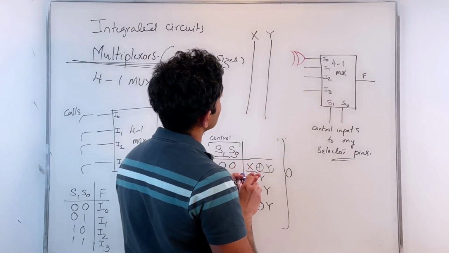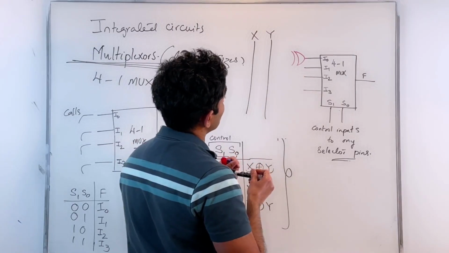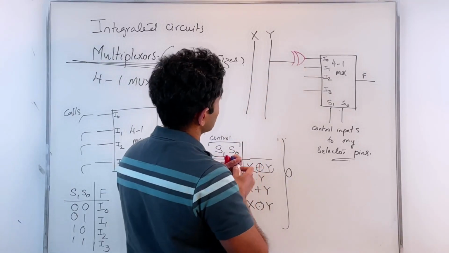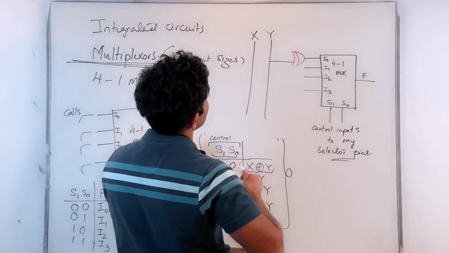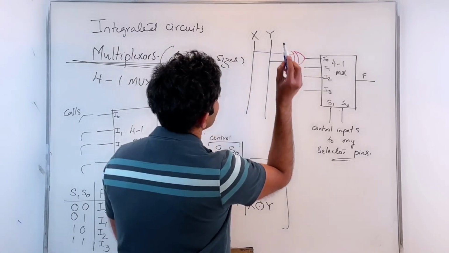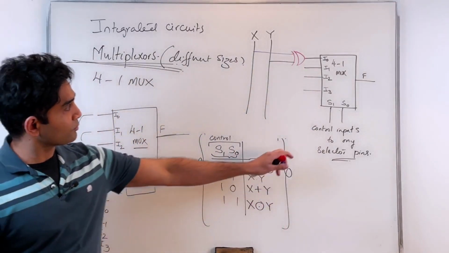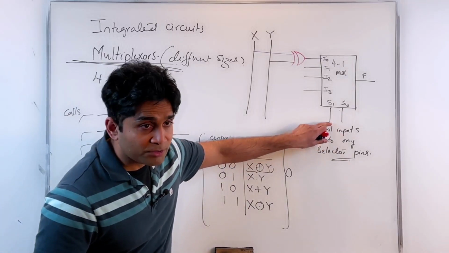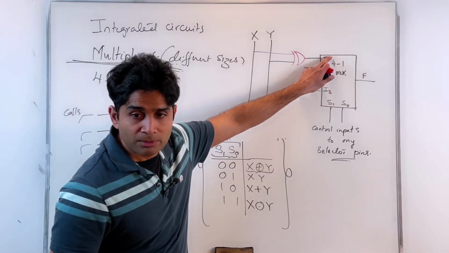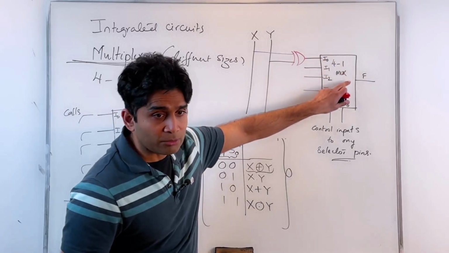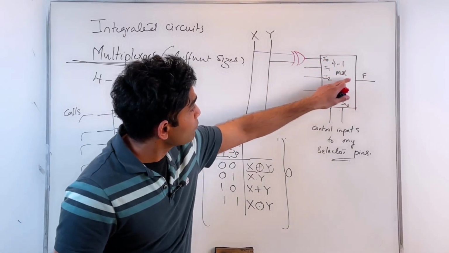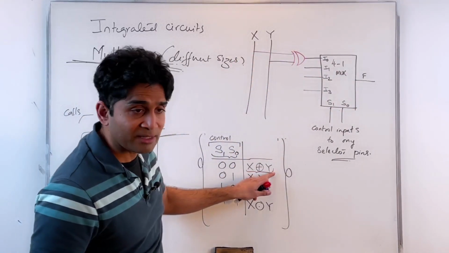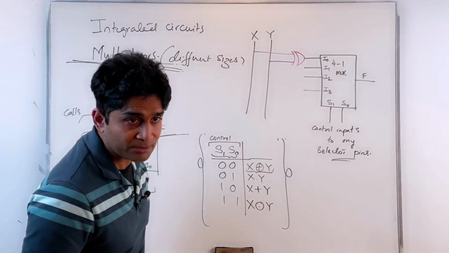And then I would basically connect these together. That's it. So when I apply 0, 0 on my selector inputs, I0 is the one that is being routed to the output. And what is connected to I0? X exclusive OR Y. So I will get that functionality directly from this.